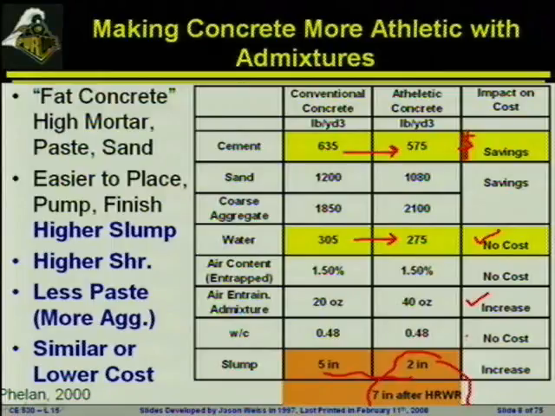Question? How much is your high-range water reducer compared to, cost-wise, reducing the amount of cement that you might have in the mix? Well, cost-wise, they're going to range. Some of the mid-ranges and the conventional mixtures are going to be fairly economic. The high ranges can become more pricey because you're getting a huge reduction in the water content.